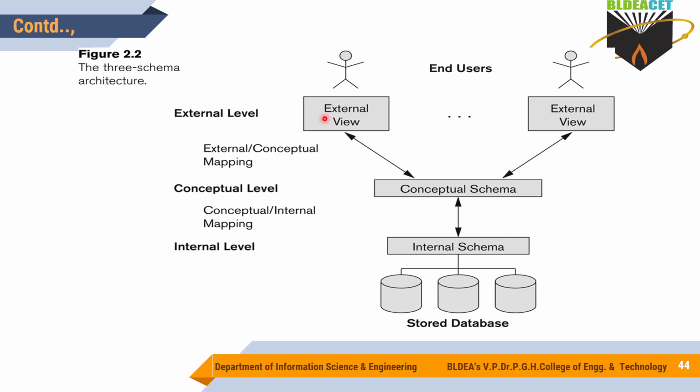They will use the external view, and the language they know, the natural language, to say what they want. That information is specified in natural language, and you convert that into a query language, and that query language is understood by the conceptual schema.